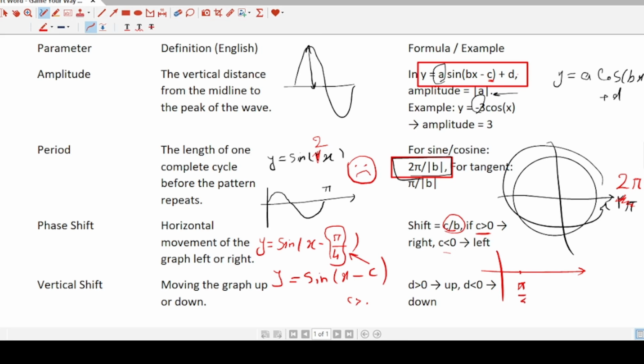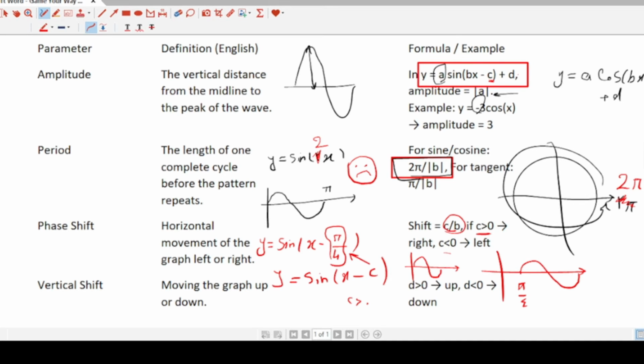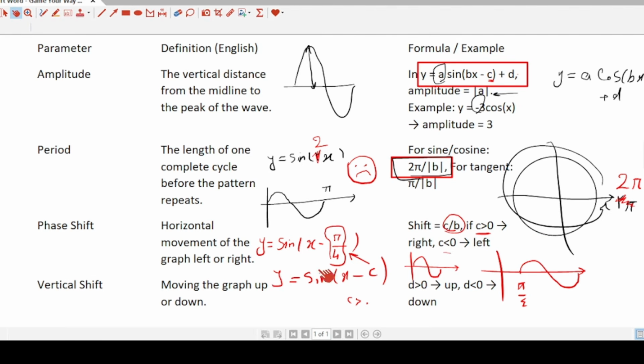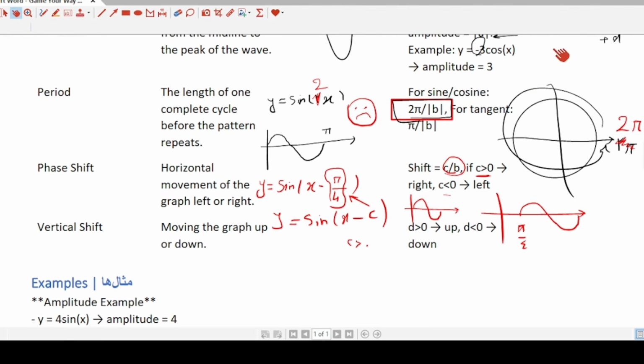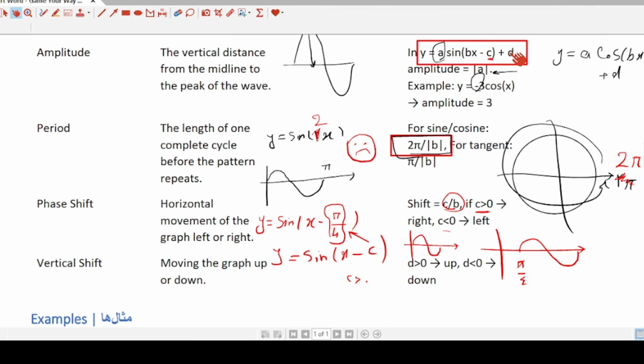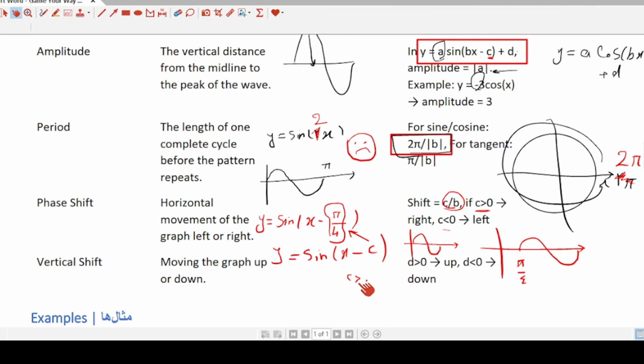So it is pushed forward by the amount of pi over 4. If we consider the original sine graph in one full cycle, which looked like this, now it is shifted forward by pi over 4, that is, along the x-axis.